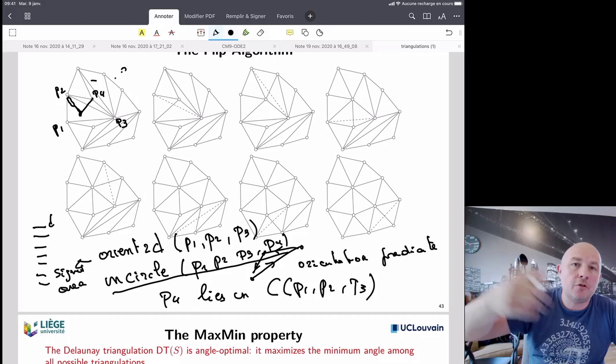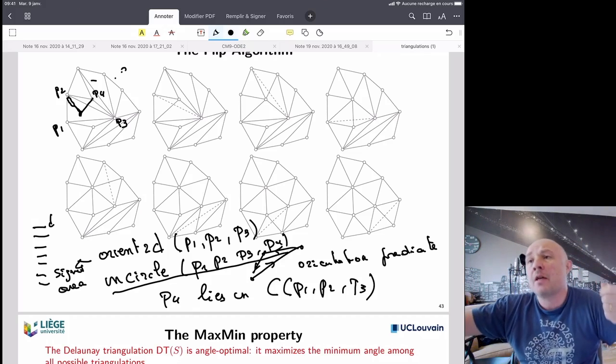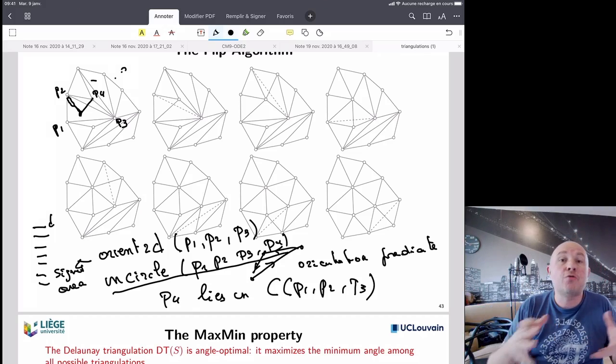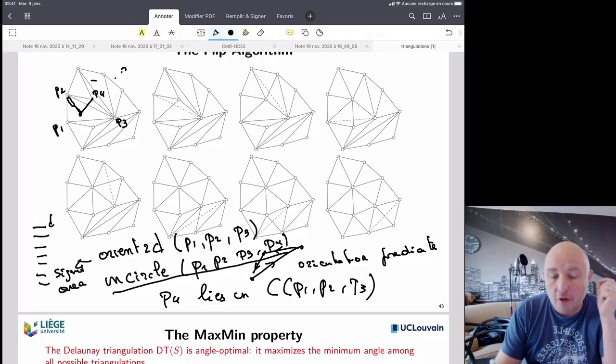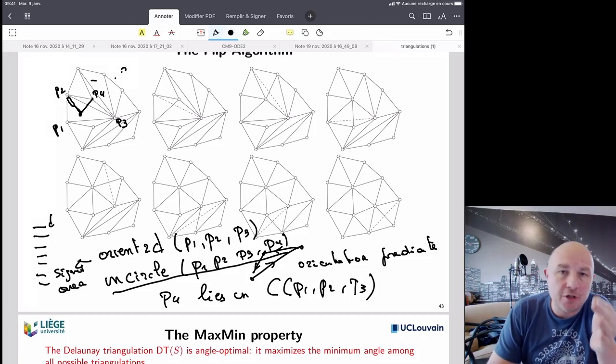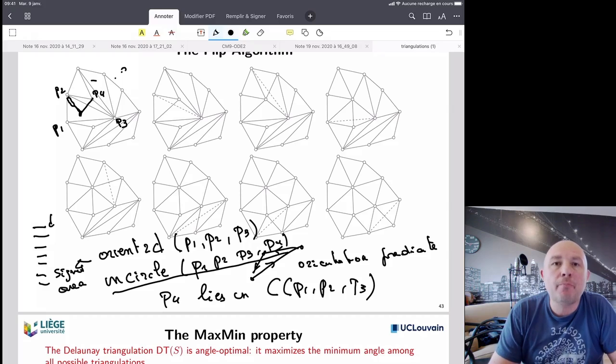You have a big number, you subtract another big number, but you want a lot of precision on the small number that is the result. So if the point that you look at is very close to the circumcircle, this operation is not robust if you don't pay attention.